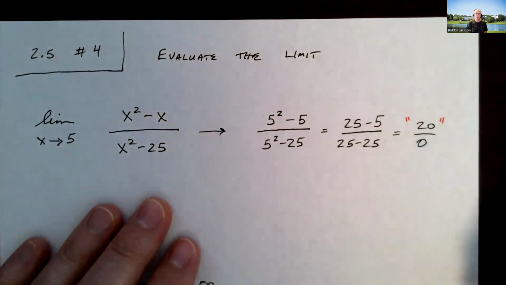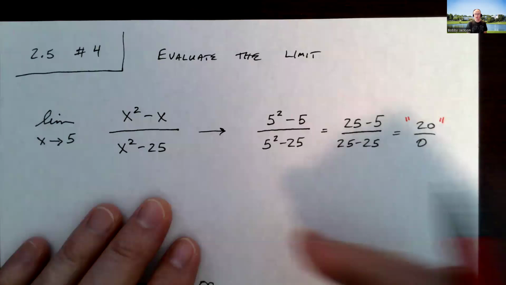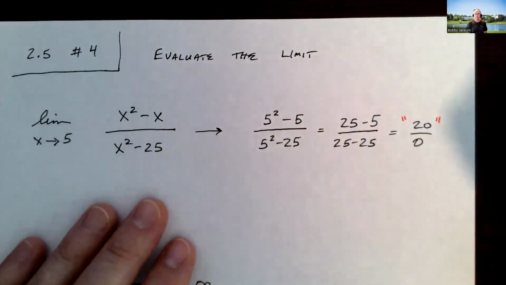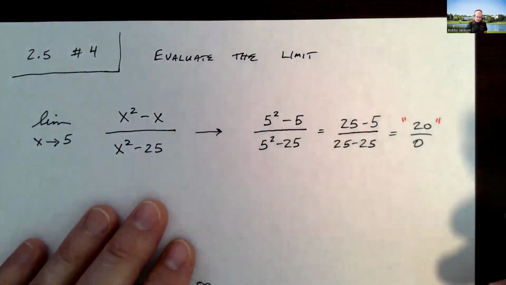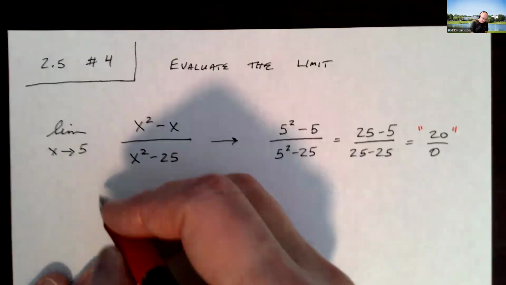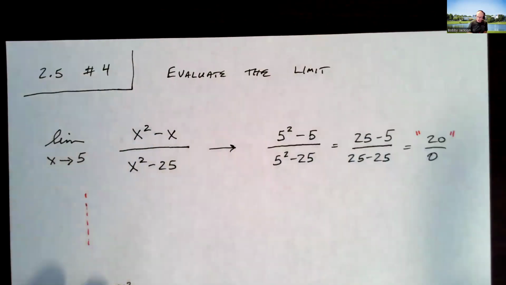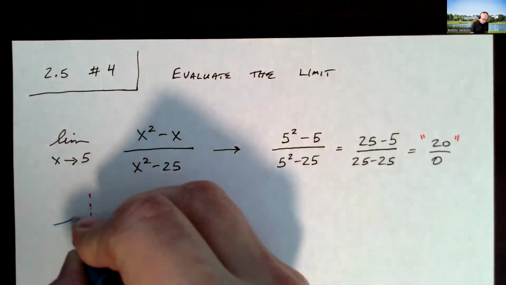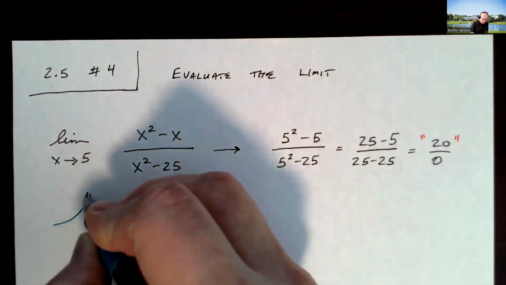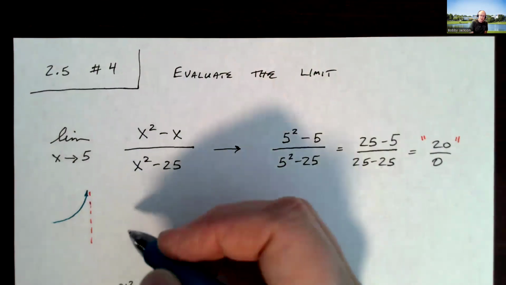This limit, well, what's going to have to happen? What's going on graphically? We've got a vertical asymptote, right? We've got to go and take a look now at the limits from the right and the left, right? Because if this dashed line is a vertical asymptote, then you can have a function blowing up, let's say this vertical line is x equal 5.